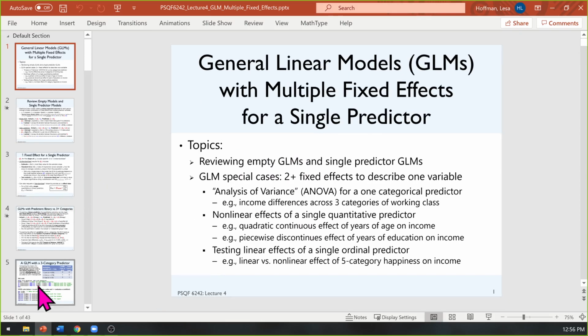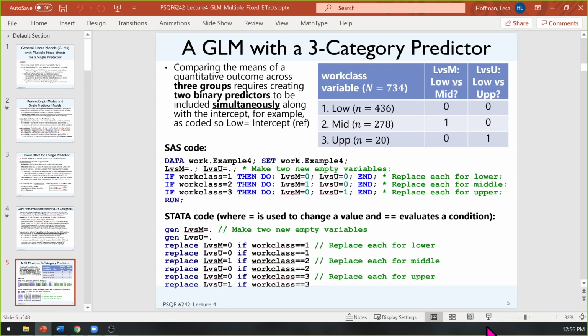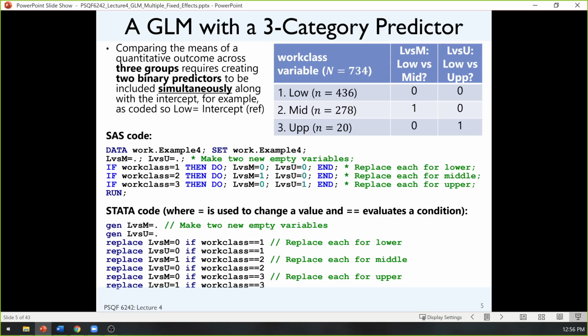So we were talking about making the columns, as you said. This is slide 5 of lecture 4. The example that I'm working with is predicting annual income in thousands of dollars from a 3-category predictor of self-reported working class, where respondents could choose to be either lower class, middle class, or upper class.